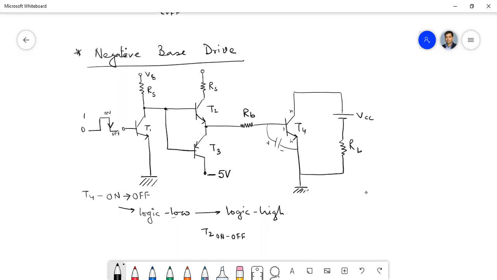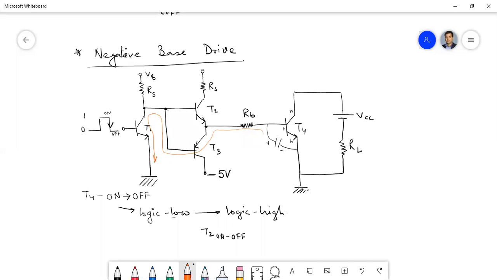Yes, sir. Now what is the path to discharge? The path is this, the path through which the parasitic capacitor will discharge.